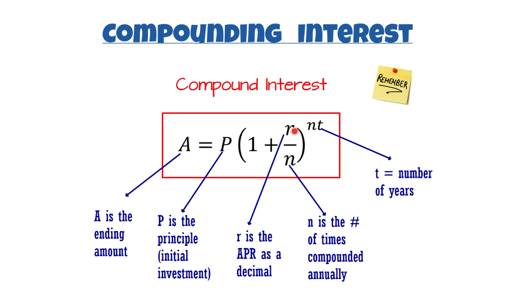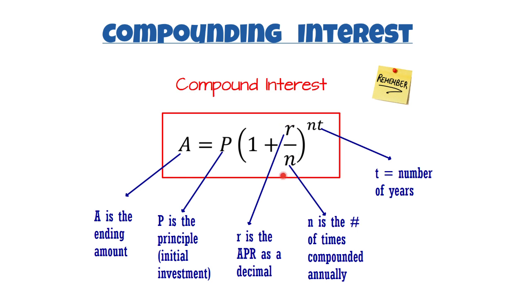R is going to be your interest rate, but your interest rate is always written as a decimal. And when a bank advertises their interest rate, it's always the APR, the annual percentage rate. Because it's an annual rate, if you are looking at this investment on a monthly basis, then you would have to take that interest rate and divide it by 12. Or if you were looking on a daily basis, then you would take that interest rate and divide it by 365 to see what the daily interest rate is.